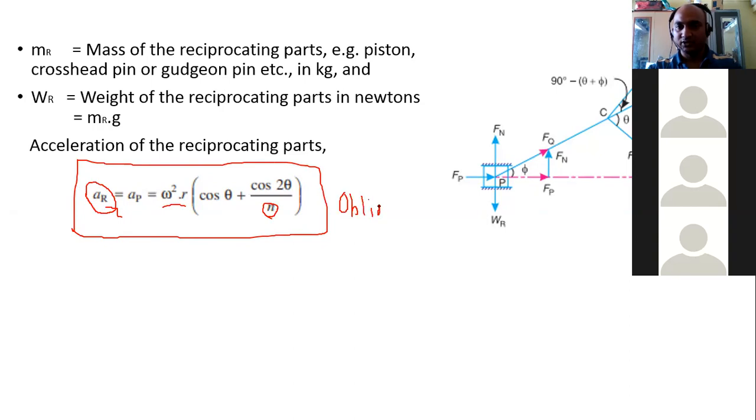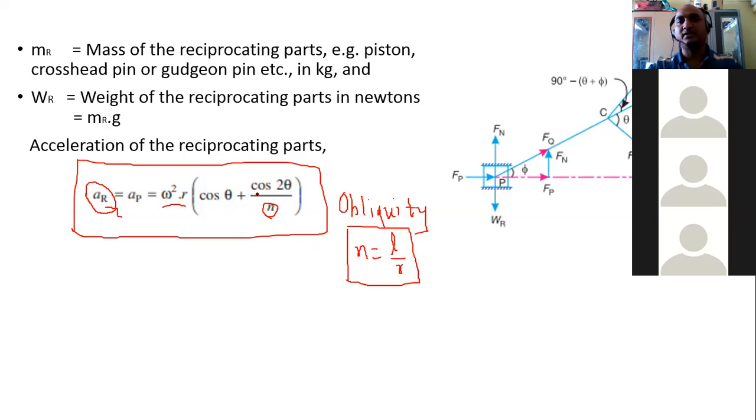Obliquity ratio means the ratio n equal to L by R, where L is the length of the connecting rod and R is the radius of the crank. Already we have seen this in unit number 2, I think, for some part in acceleration analysis. So remember now, n equal to L by R.